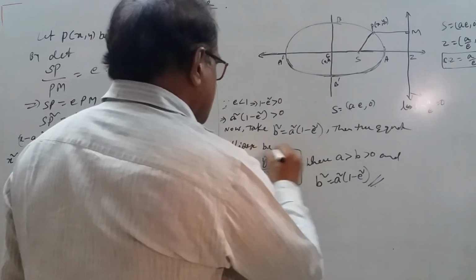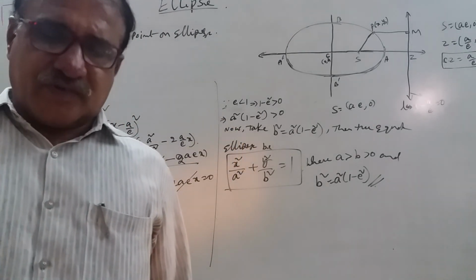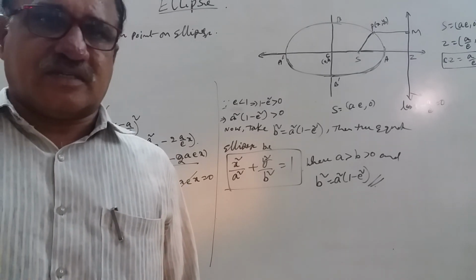This is the standard form of the ellipse. There is no requirement to prove this in the public exam, but we have to do some problems by using this form.